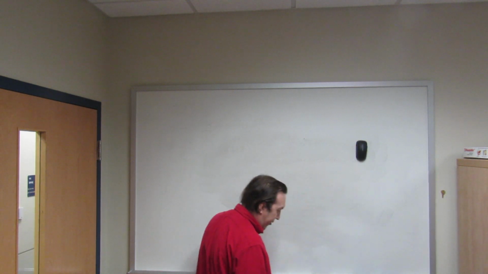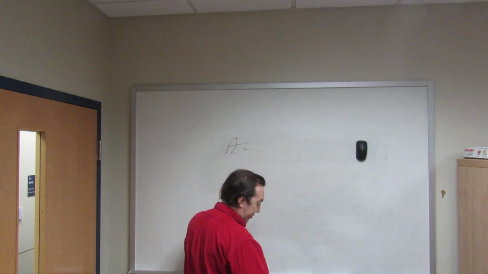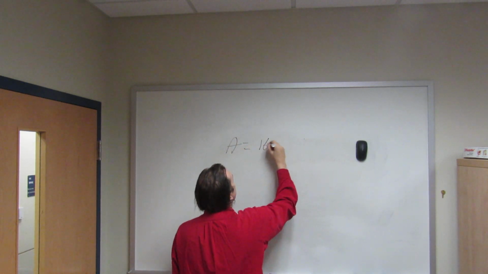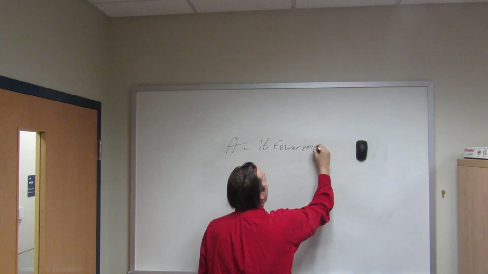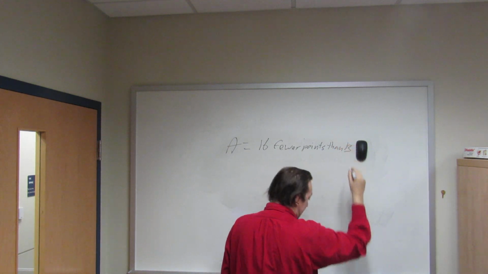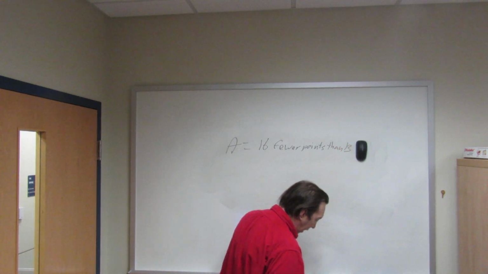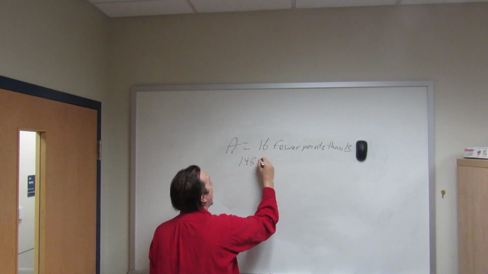Then let's say during a game, Team A scores 16 fewer points than Team B. Together they score 148.